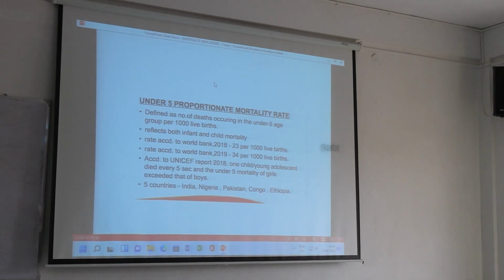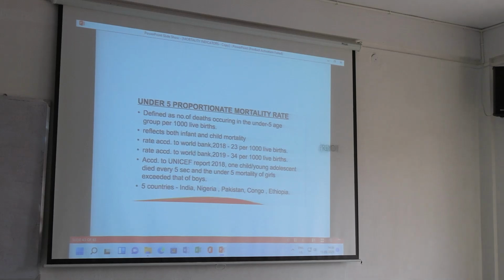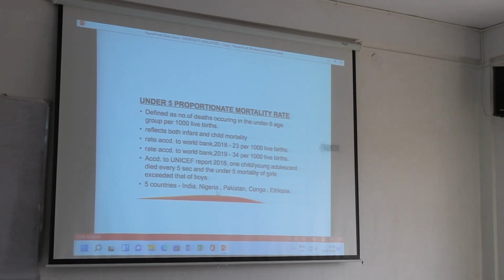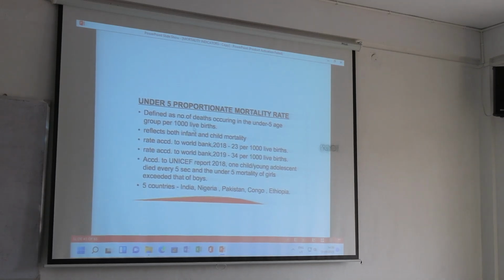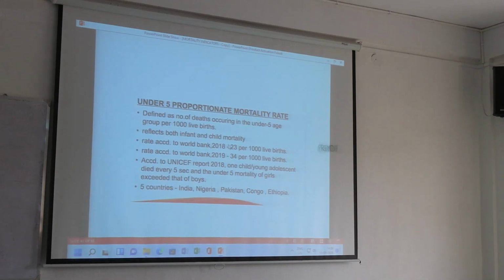This gives an idea from the UNICEF report. Five countries, India, Nigeria, Pakistan, have the maximum under 5 mortality, the number of deaths occurring in the under 5 age group. It includes both infant and child mortality.